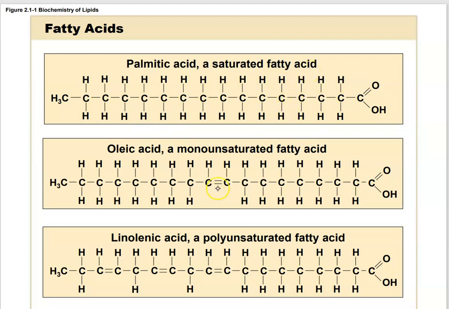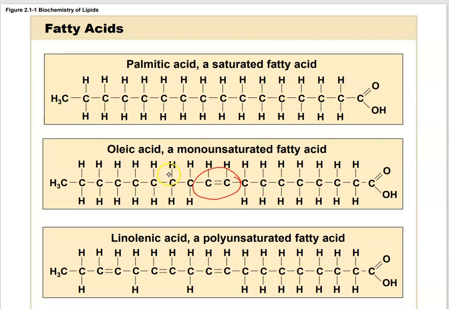Now here we have, all of a sudden, a double bond. And that means now this carbon here no longer has room for extra hydrogens right here. So we're not saturated with hydrogen anymore. So we are unsaturated. So in this case, we have a monounsaturated fatty acid.